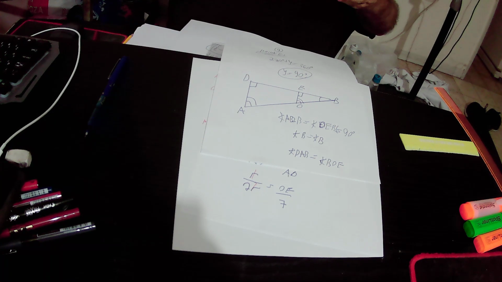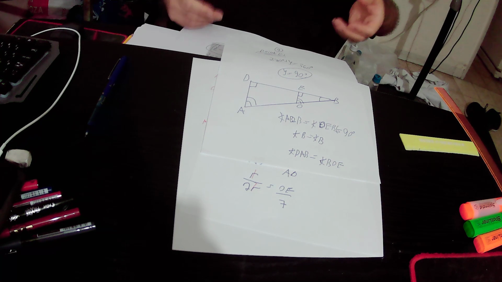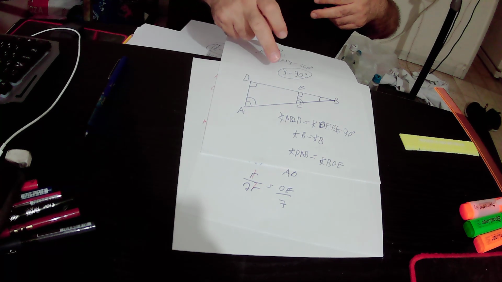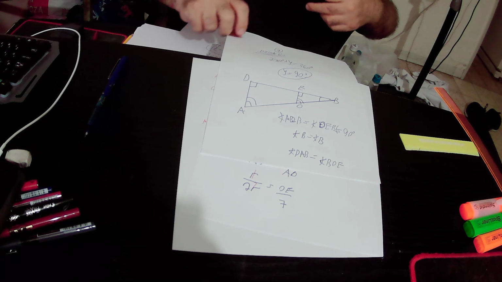From the fact that those two triangles are similar, according to the angle rule, we can deduce that the following relationship exists between the sides of those two similar triangles.